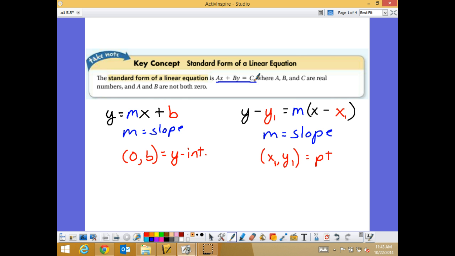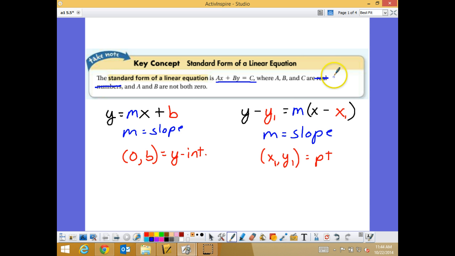Now, a couple of things about the standard form, and I'm going to change one thing about this definition. It says A, B, and C are all real numbers. Well, that allows for fractions and decimals, because fractions and decimals are also real numbers.